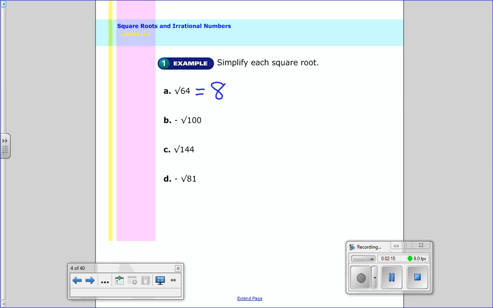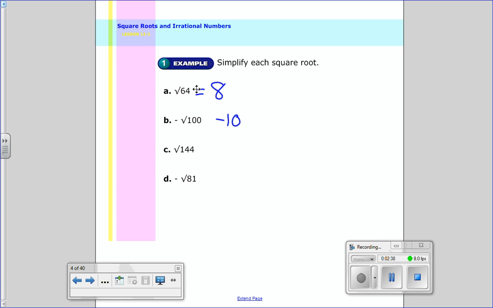B says the negative or the opposite of the square root of 100. The square root of 100 is 10, but they want the opposite of it. So here our answer is -10. You go ahead and do C and D very quickly here. I'm not even going to pause the video, but just go ahead and do it, and in about 5 seconds, I'm going to give you the answer.